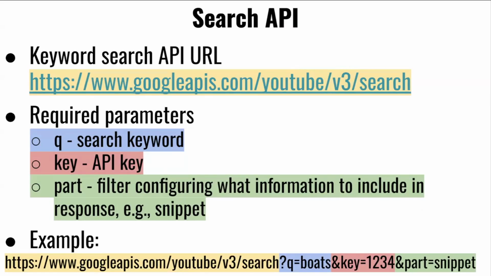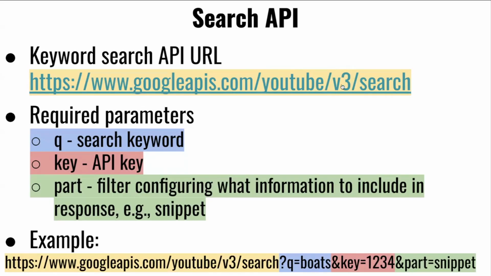Now the way we're going to integrate with the API is that we're going to be sending HTTP GET requests to this URL. This is straight from the documentation. Most of the requests all start with www.googleapis.com/ and then the product that you want to integrate with, in our case YouTube, and the version of the API.